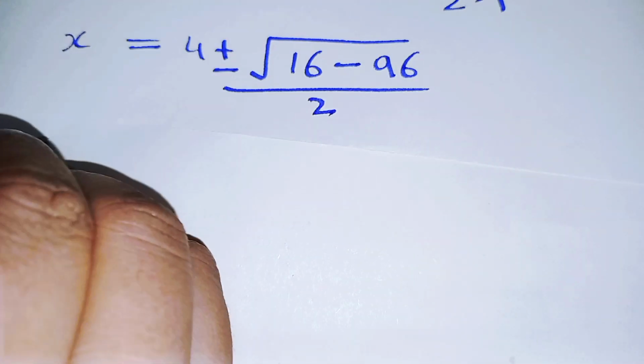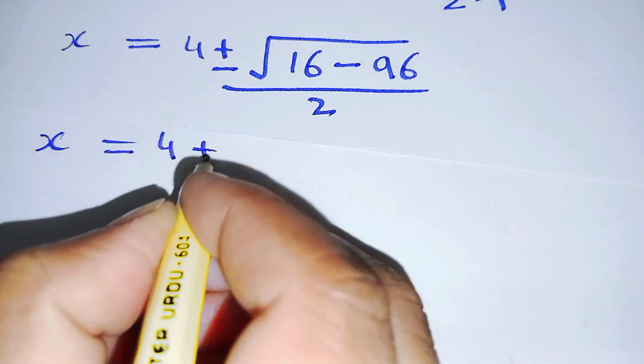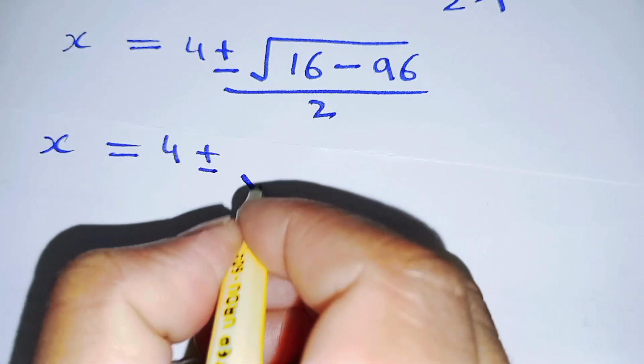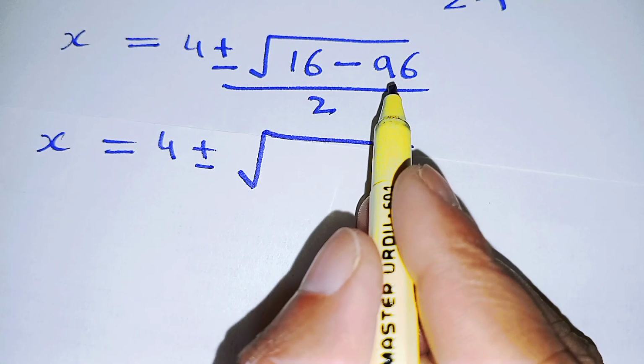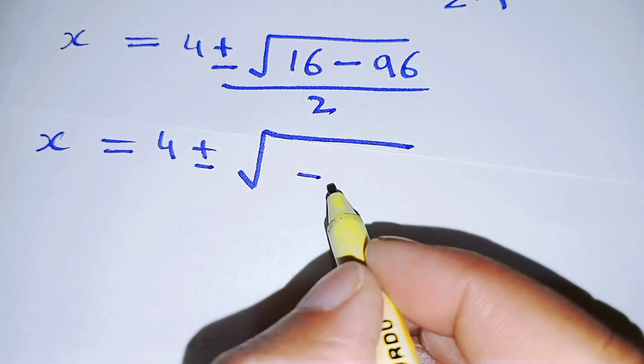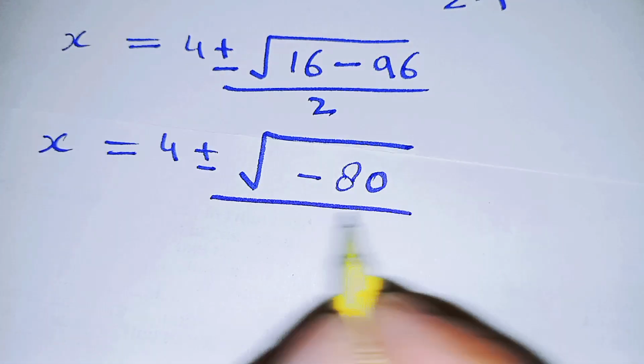So x is equal to 4 plus minus square root of 16 minus 96, which is minus 80, over 2.